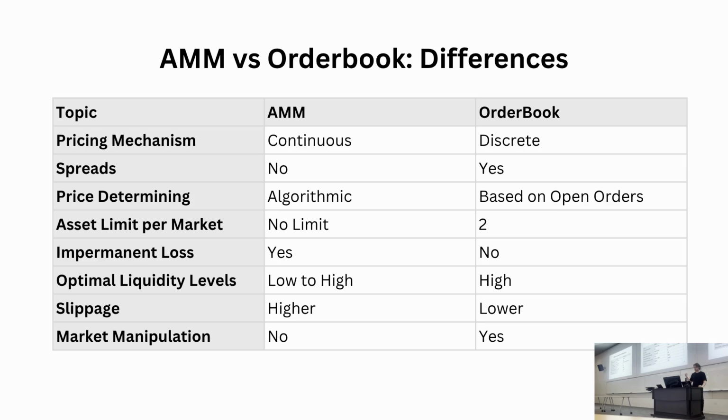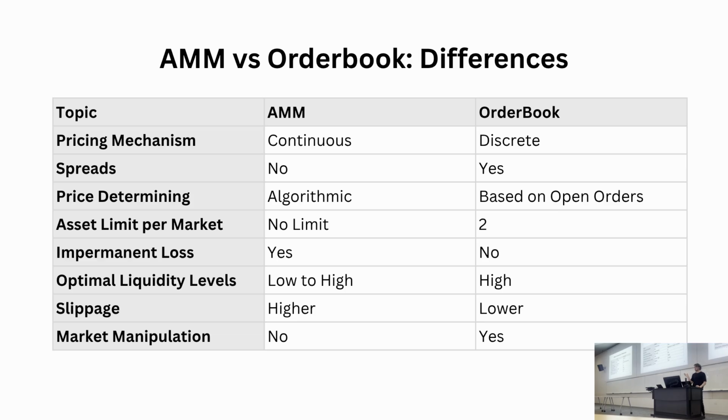The price discovery on an AMM happens algorithmically. On the order book, it happens based on open orders. And an AMM can actually hold not necessarily just 2 tokens or 2 assets. It can hold as many as you want. These are roughly called multidimensional AMMs.